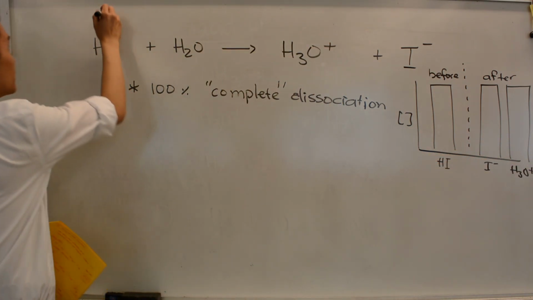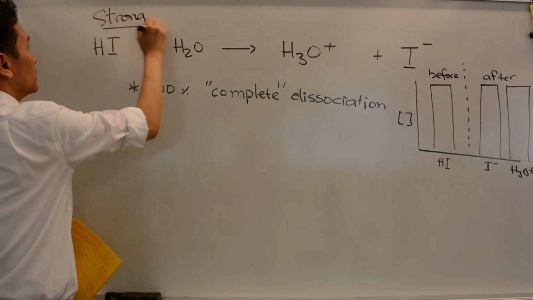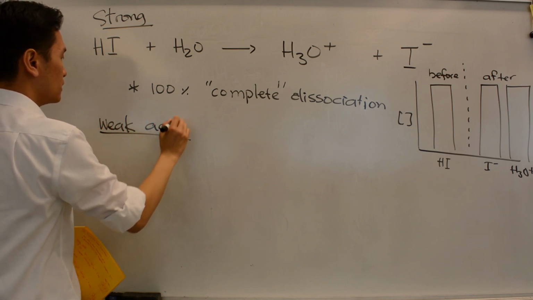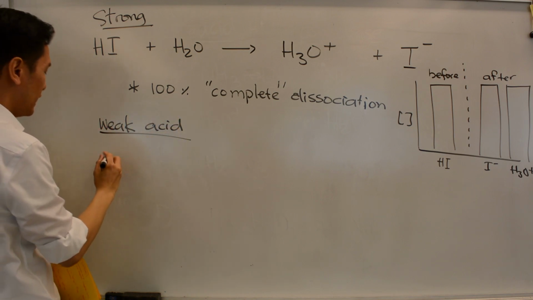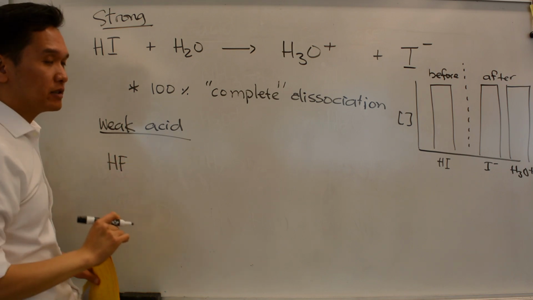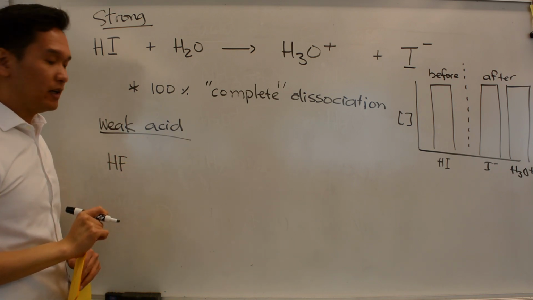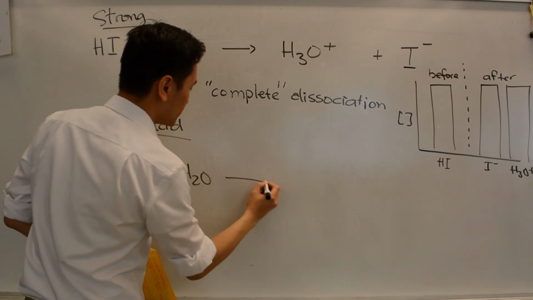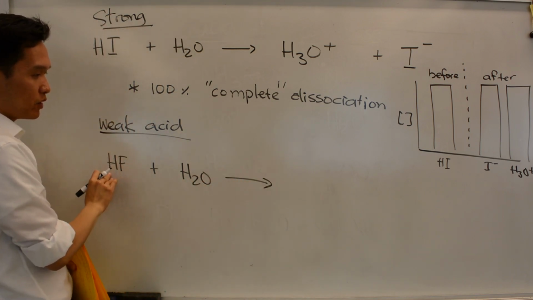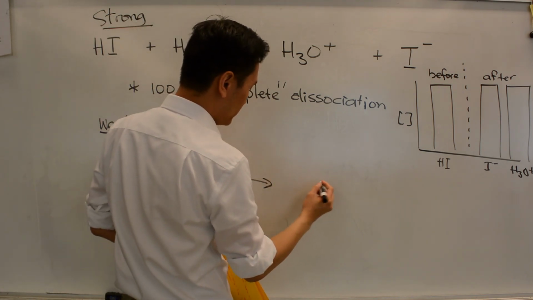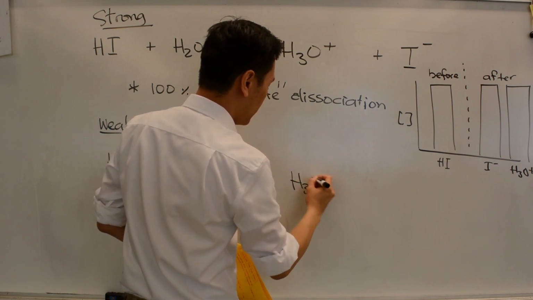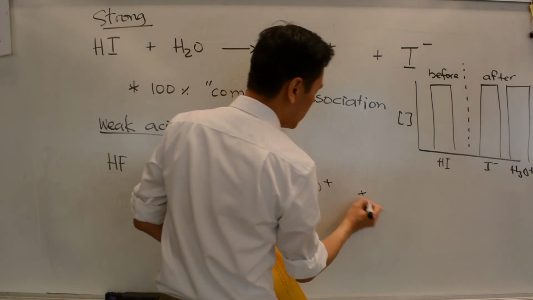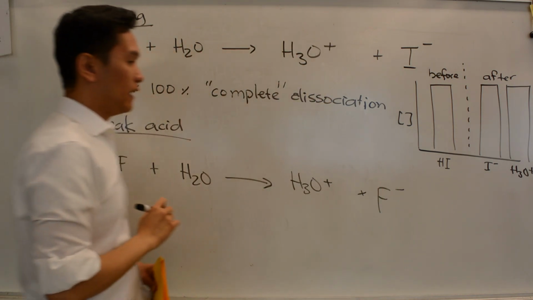Now, what's a weak acid? So that was our strong. Our prime example for a weak acid, like we just mentioned before, is hydrofluoric acid, HF. When you have HF put into water, remember that water attacks this proton, so it's the base there, so that you get hydronium ion, leaving you fluoride all naked, F minus.